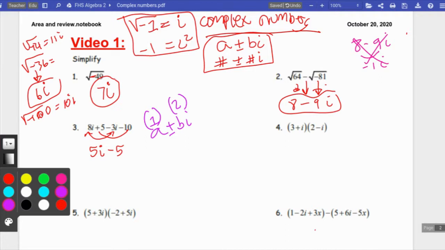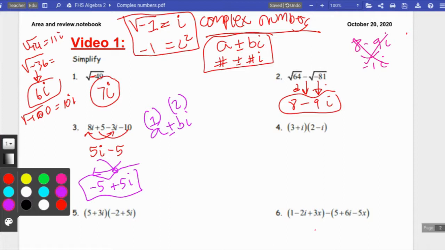I don't have that here. I got them swapped. So what I need to do is bring this to the left, which is -5, and I'll bring that to the right, +5i. You're done. It just has to be written so that the number with the i is at the end. All right, done here.